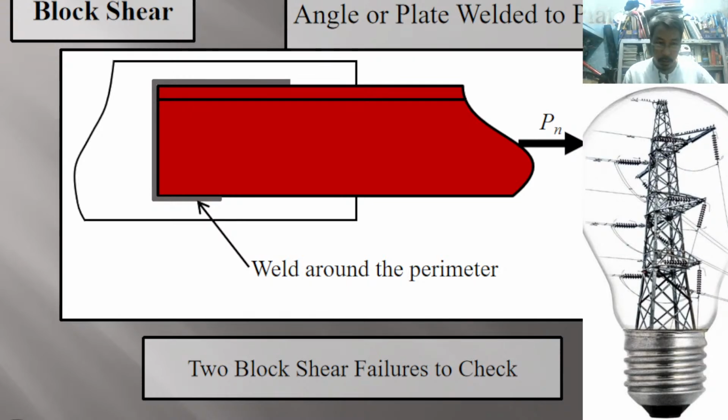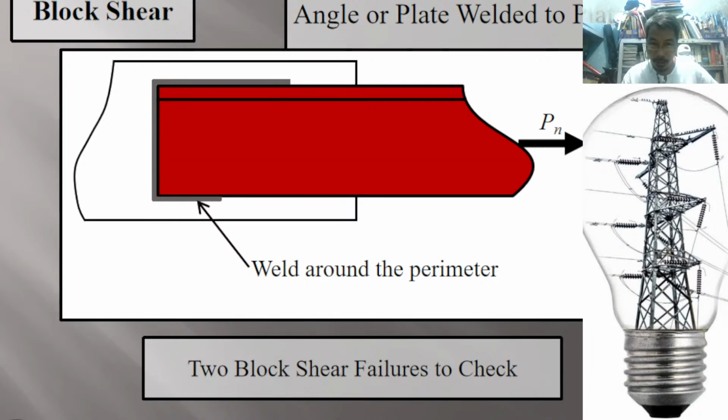Okay, what about when the element is welded rather than bolted? So the gray portion here, this going here and going there, that is the welded portion.